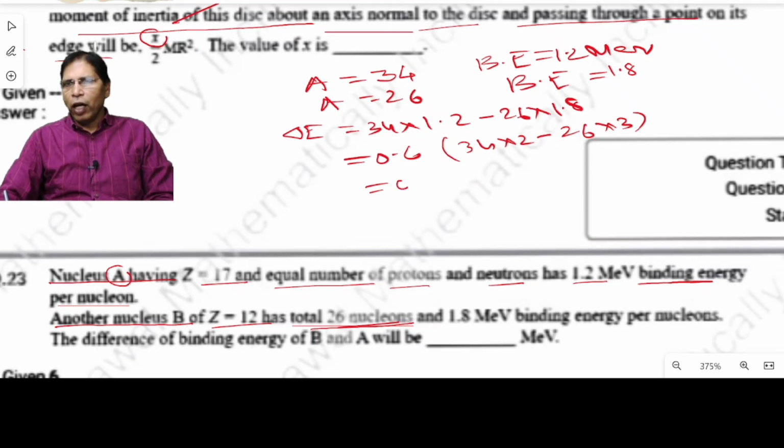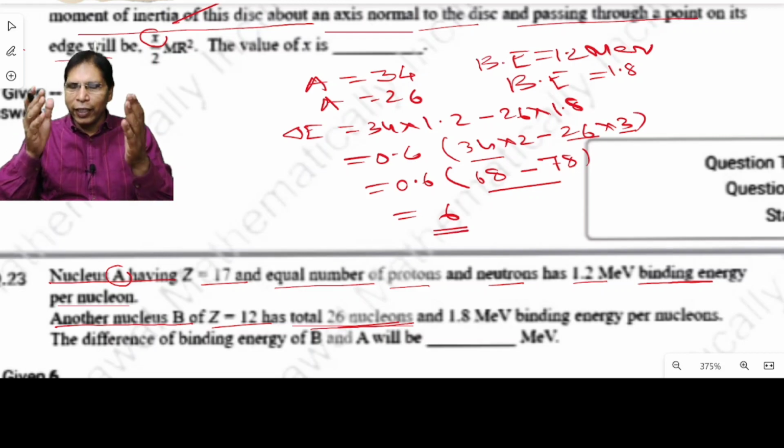Now 0.6, 34 into 2 is 68, and 26 into 3 is 78. Therefore this is the 10. So 6 mega electron volt is the difference of binding energy.